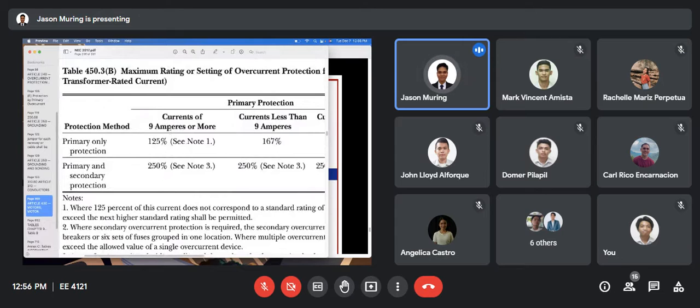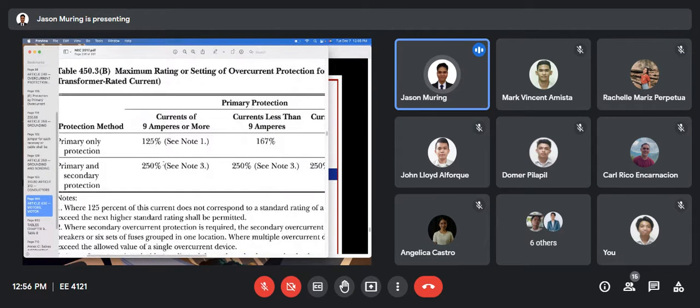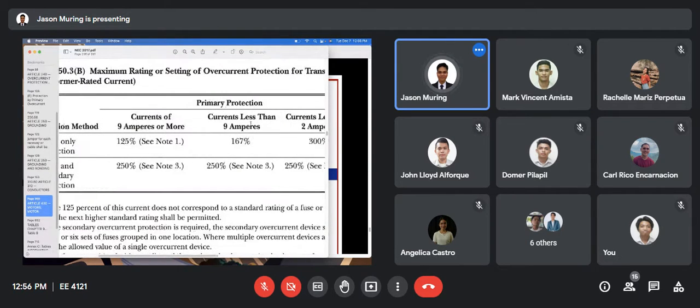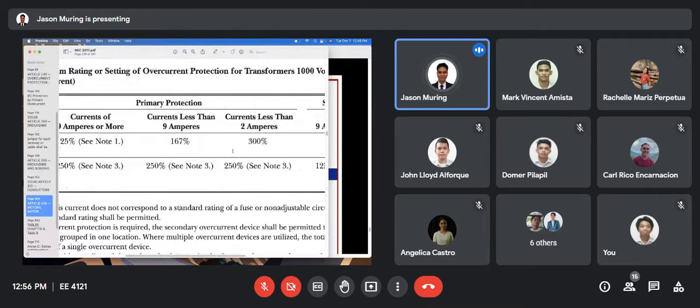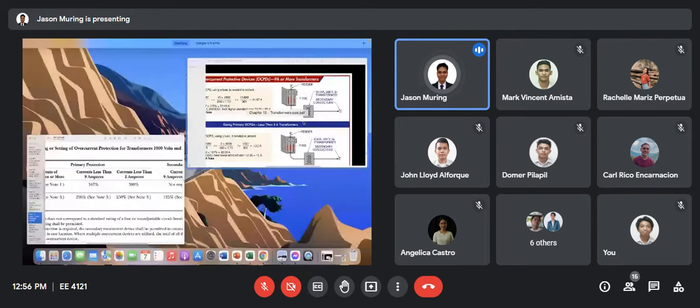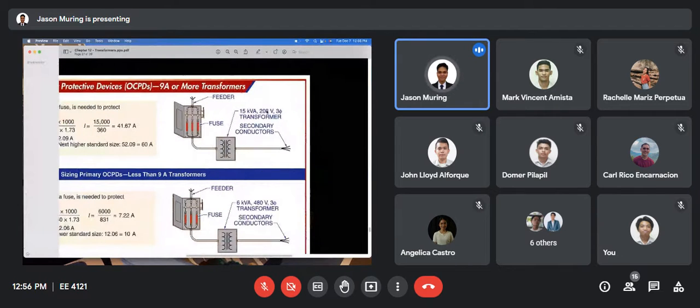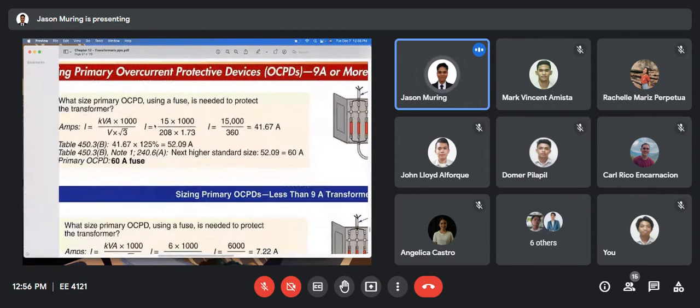Okay, so if the current is 9 amperes or more, we base on these multipliers, and if it is less than 9, we base on these other multipliers. So let's calculate for the current. Since this is three-phase, we use this same formula.